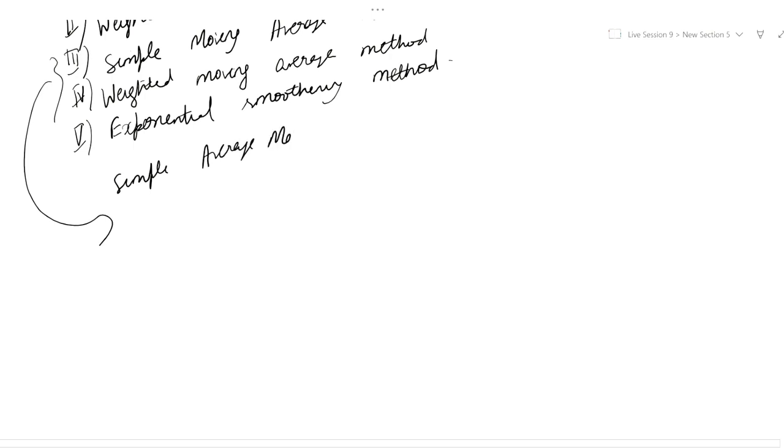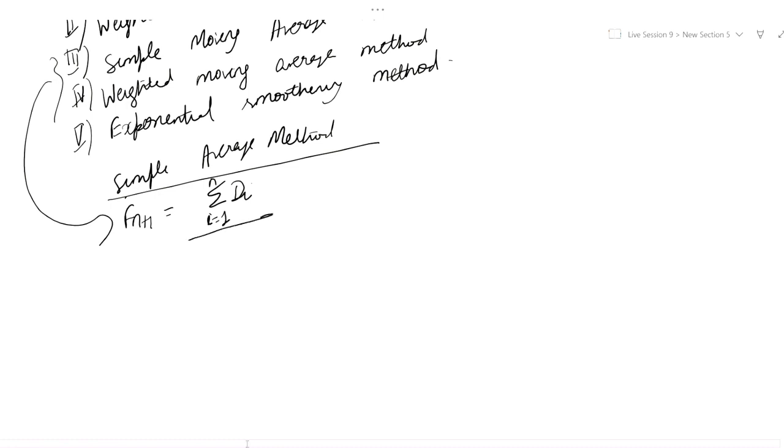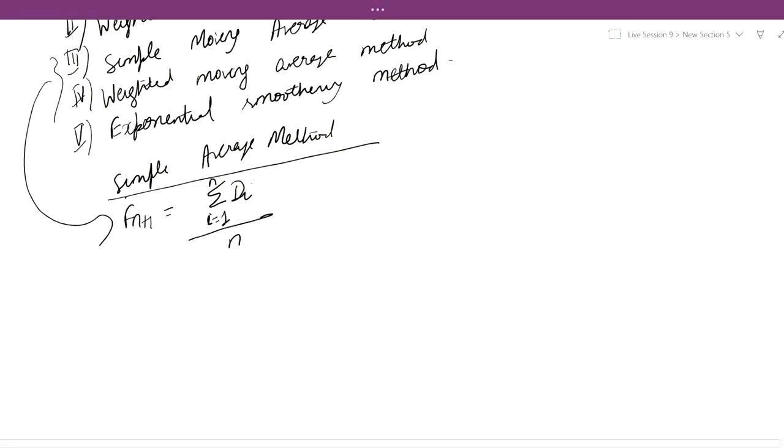Simple average method: here forecast is equal to the summation of all demands by the number of total demands.